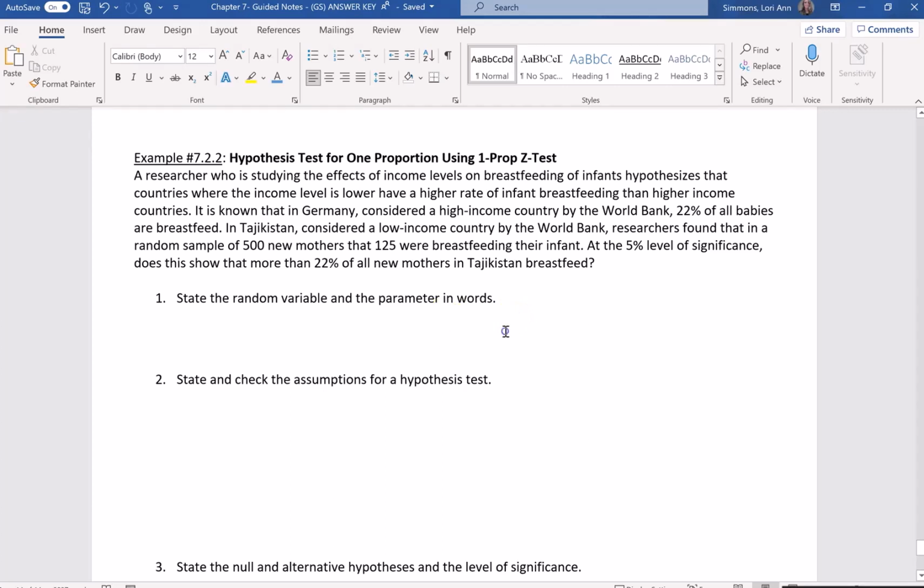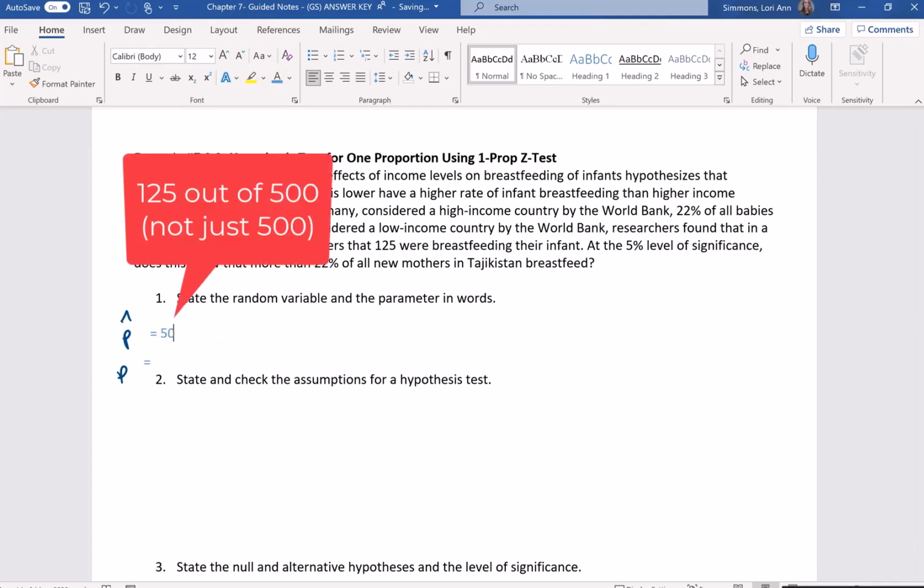Okay, so we've got to do the random variable, and then parameter. Okay, so the random variable is P hat, parameter is P. P hat is the 500 randomly selected new mothers in Tajikistan who breastfeed.